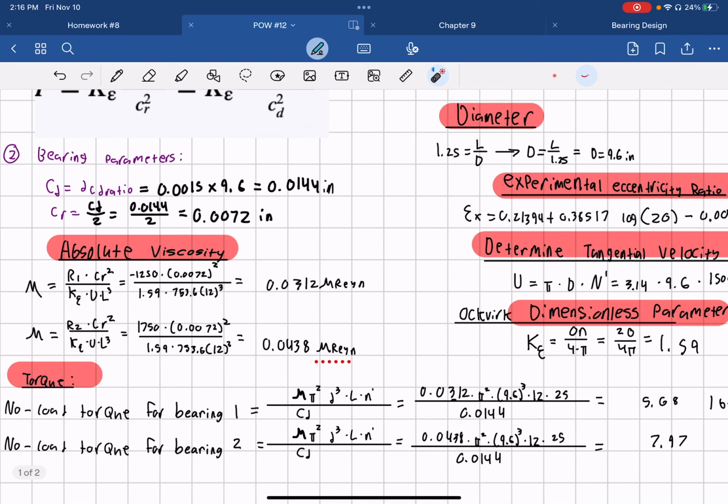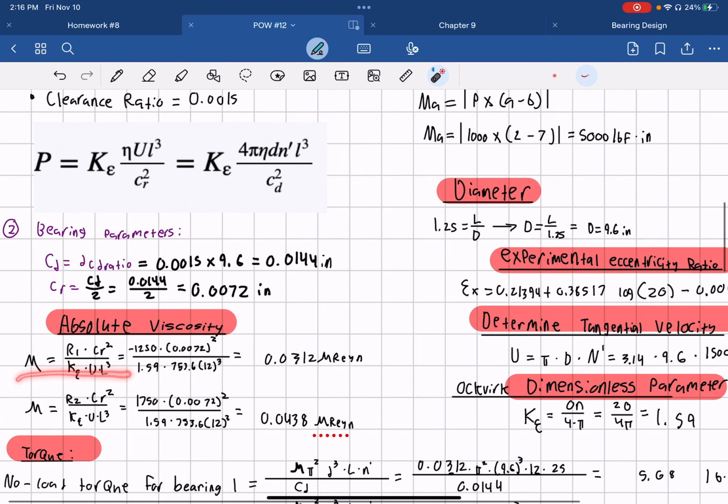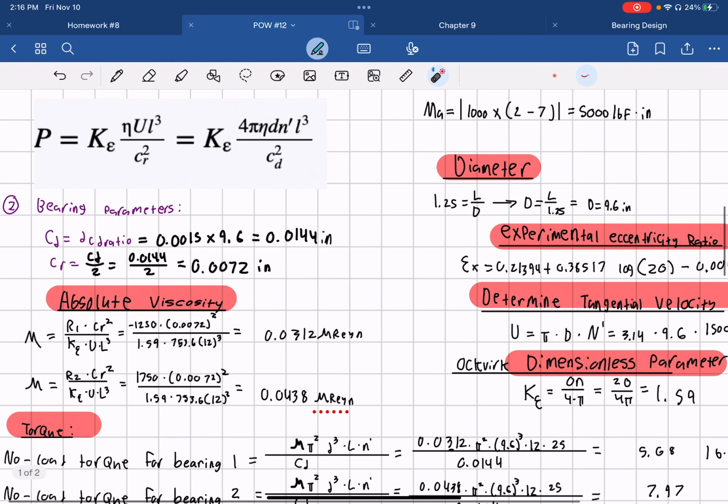Now from here, since we aren't given the type of oil or lubricant, we can still solve for it using this equation right here, which I derived from this equation for force, and you can solve for the absolute viscosity, which I was able to get as 0.0312 microreynolds, and this is for the first reactionary force, R1.